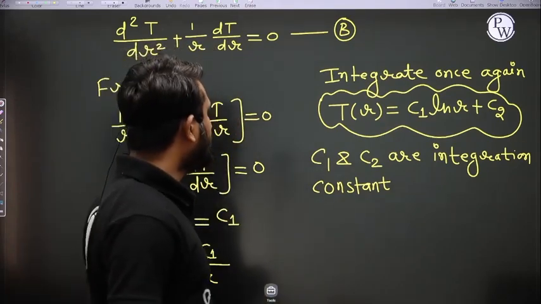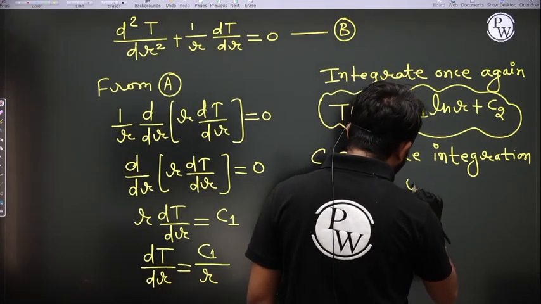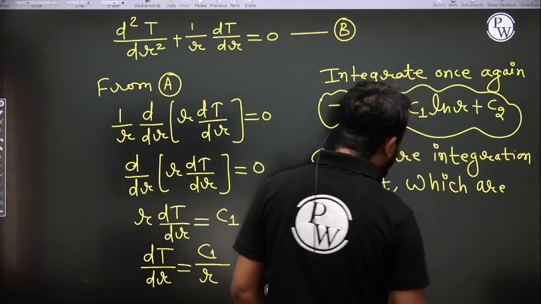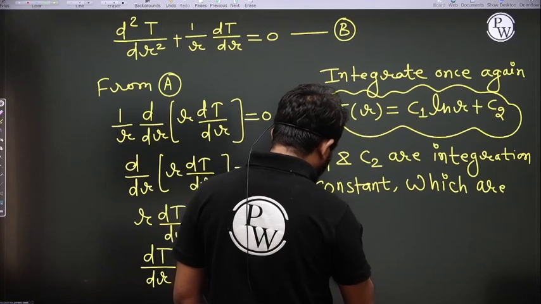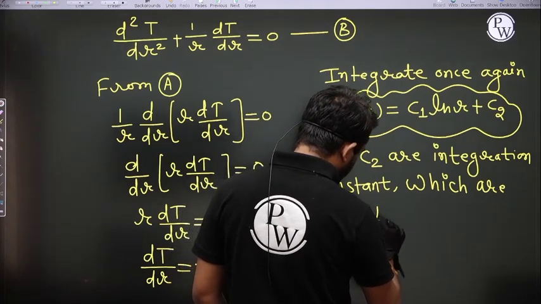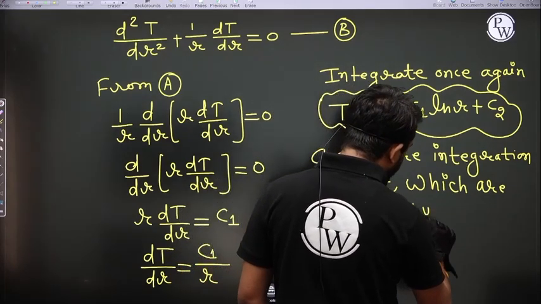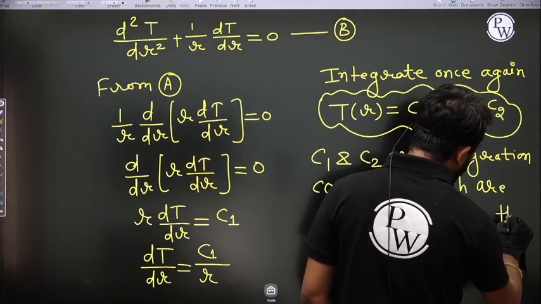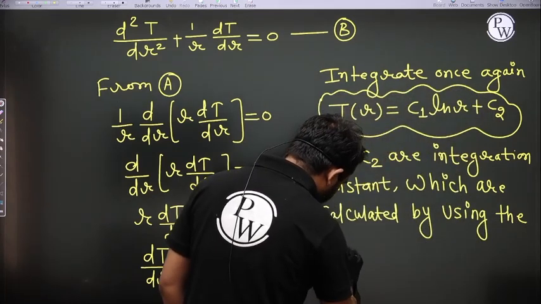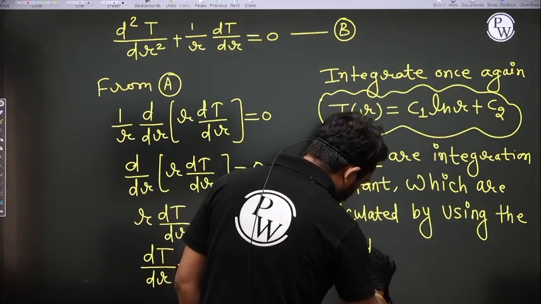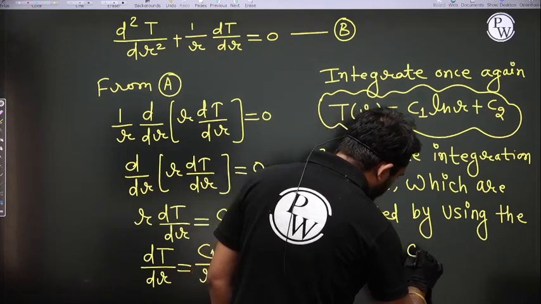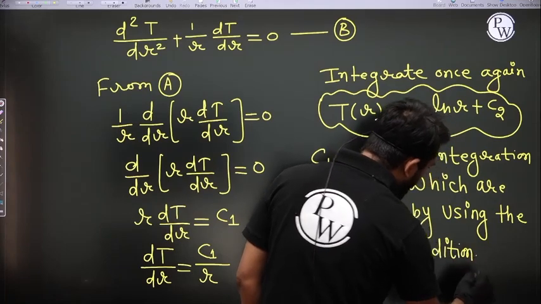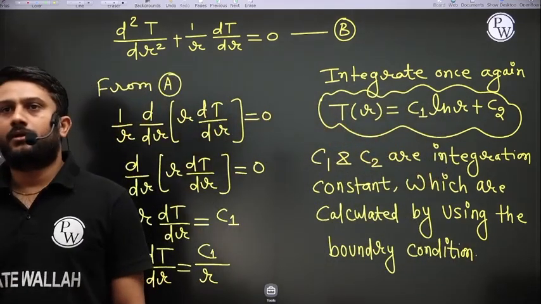So c1 and c2 are integration constants which are calculated by using the boundary conditions.